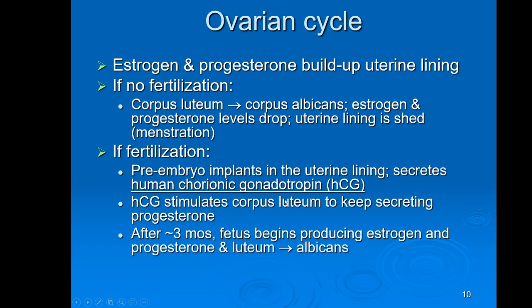HCG basically stimulates the corpus luteum to hang around and keep secreting progesterone for another 3 months. For the next 3 months, progesterone levels are still going to be high due to this HCG, and that's going to maintain the lining of the uterus, which is obviously important during pregnancy. After about 3 months, the corpus luteum will break down anyway, but at that point, the fetus is starting to produce its own hormones, and the uterine lining can still remain intact.